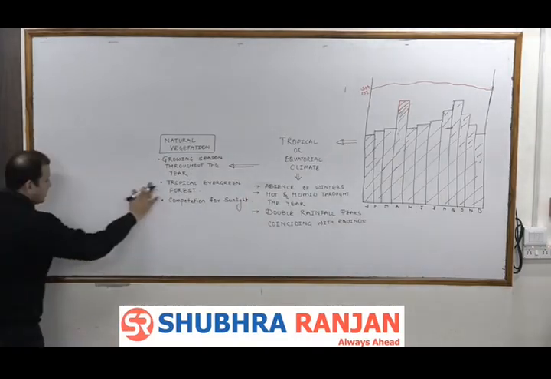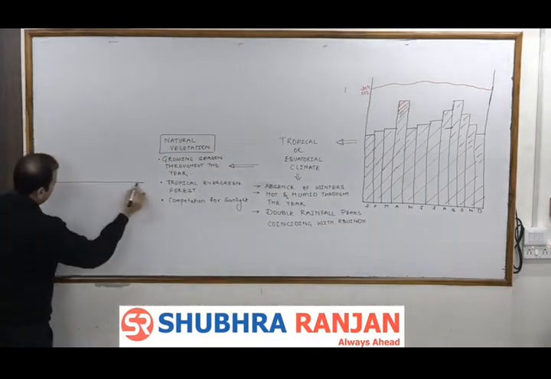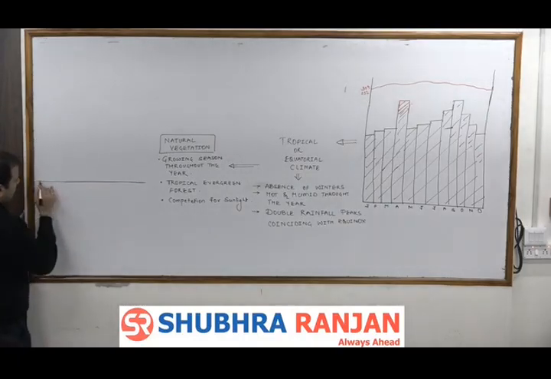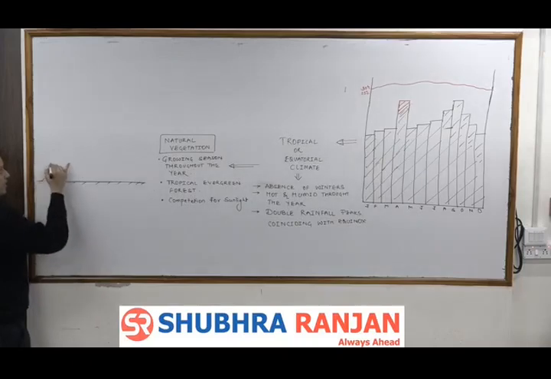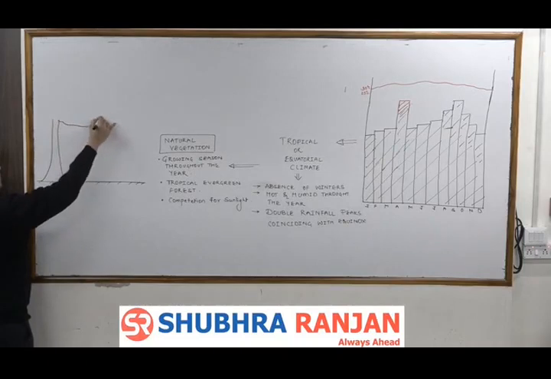If this is our imaginary ground, there will be first layer of trees, which will be the tallest trees, growing up to a maximum height and opening up in canopy.